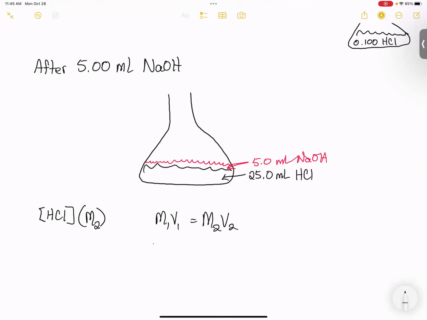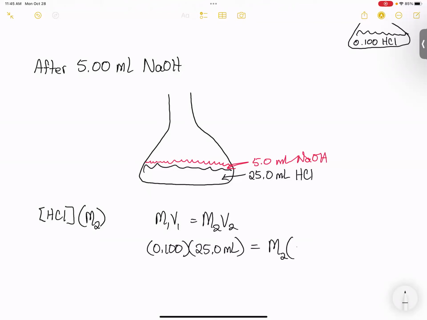Your initial molarity was 0.100. Your initial volume was 25 milliliters. Your final molarity is what you're calculating.